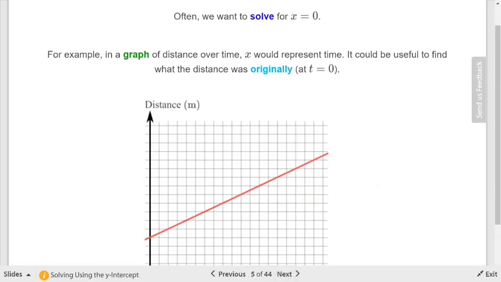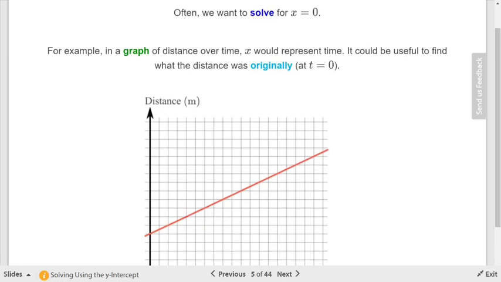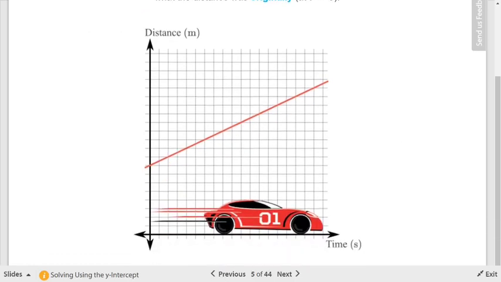So, many times you want to find where X is equal to 0. And one of the reasons for that is that often that's where a graph begins. If you look at this particular graph, this chart, we're only interested in this section. And what we want to do is find out where this line starts in that section.